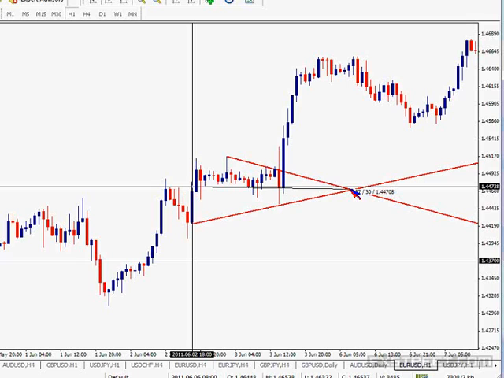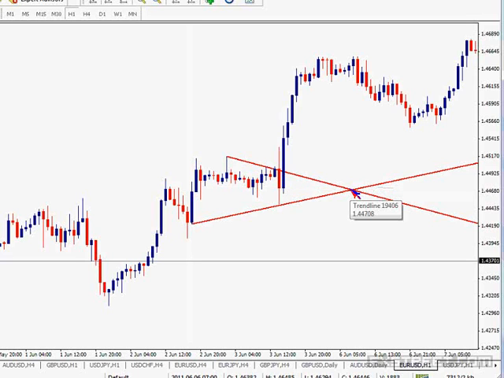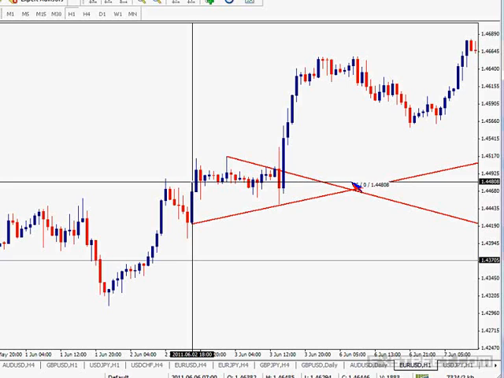The theory says that the triangle, to be considered reliable, should be broken between 50 and 75% of that distance. So, as we said, 37, let's say 36 candles. 50% will be 18 candles, and 75% will be sort of 27 candles.